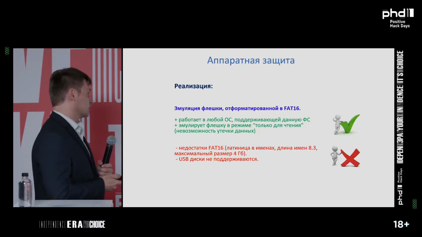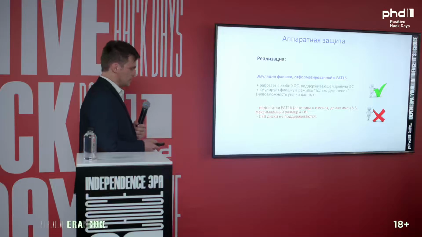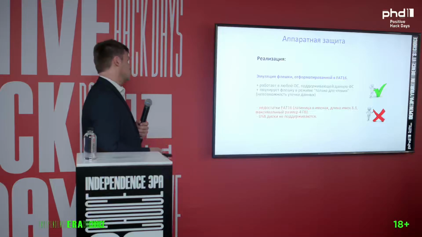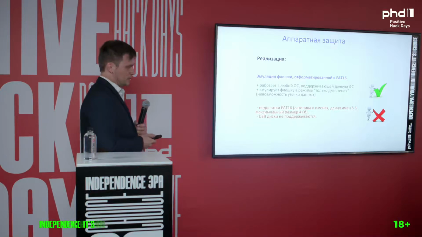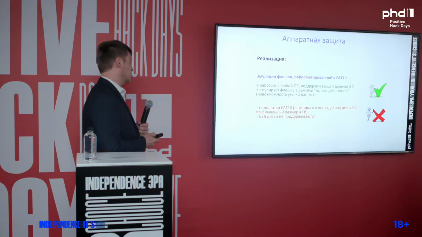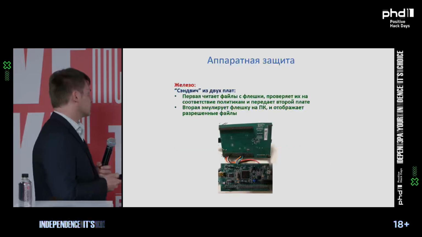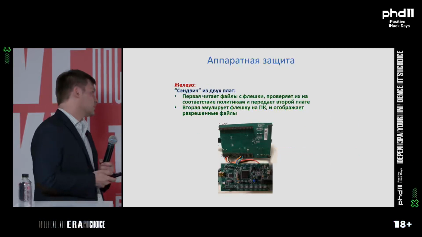As for other disadvantages, if we have Cyrillic in the names, this file will not be read, but if it's a longer name than 8 by 3, it will just be shortened to 8 by 3, and it will still be found, so it's not a problem. And the updates do not take too much space.